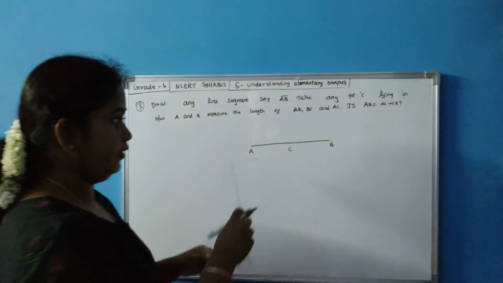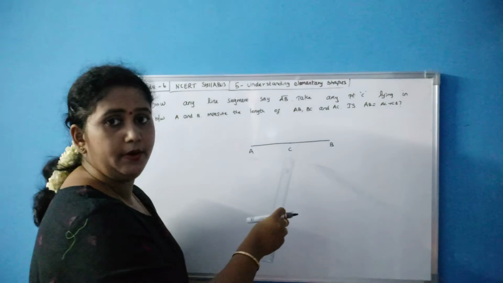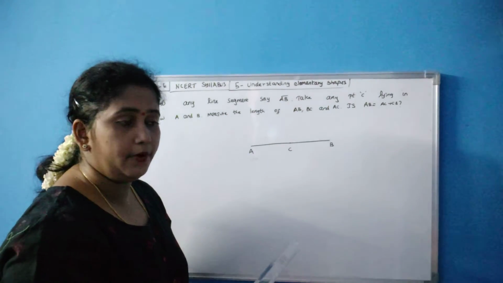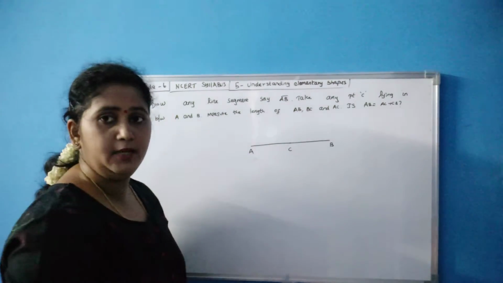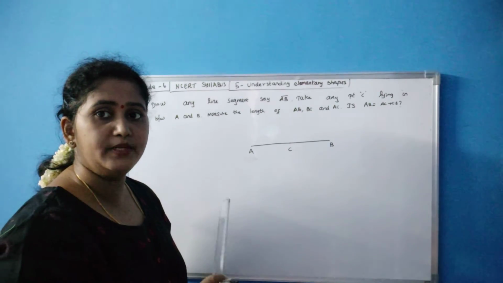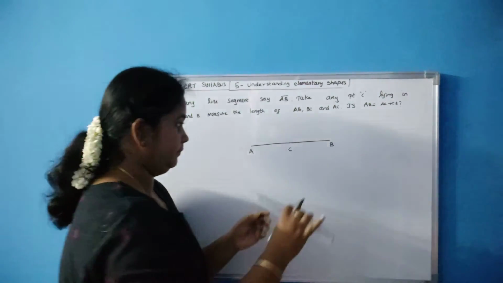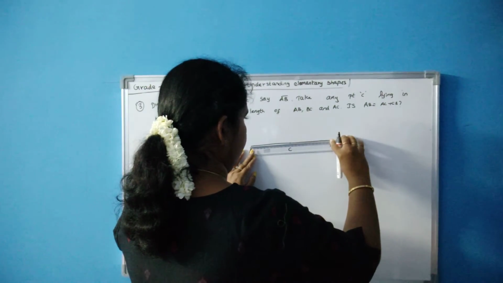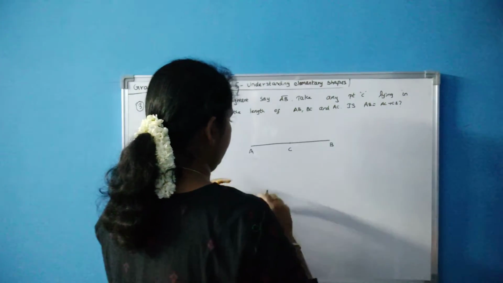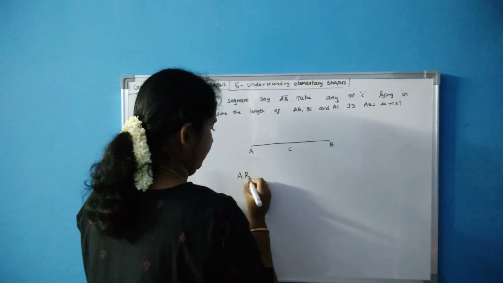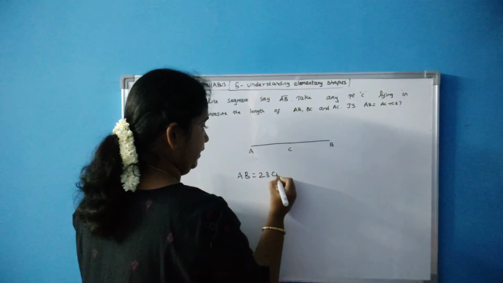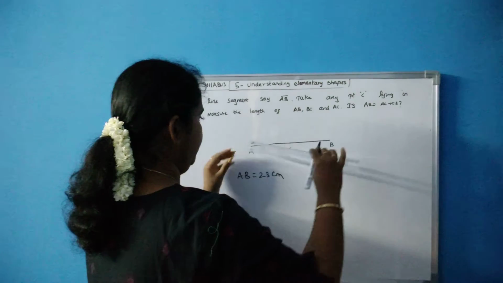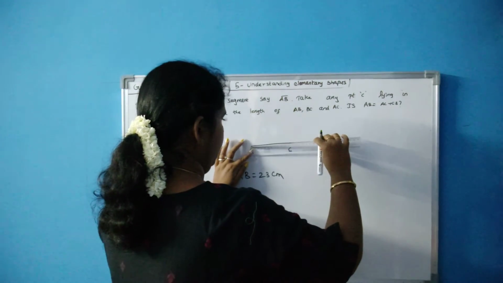Now we draw a line AB and we place a point C in between A and B. Now we are going to measure the length of AB. So what is the length of AB? It is approximately 23 centimeters. AB equal to 23 centimeters. Now I am going to measure AC.